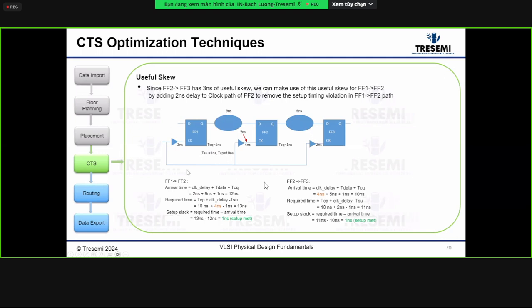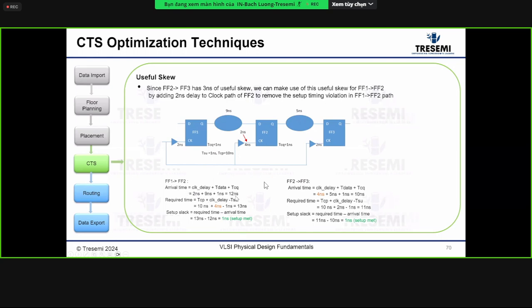So let's take a look at that. We're going to delay this capture clock of the first path by 2 nanoseconds. This is the launch clock of the second path. Since this path originally has 3 nanoseconds of slack, we're going to add 2. So what happened here? Let's do it again. Clock delay is 2 plus 9 plus 1, so the data arrival time is still 12.